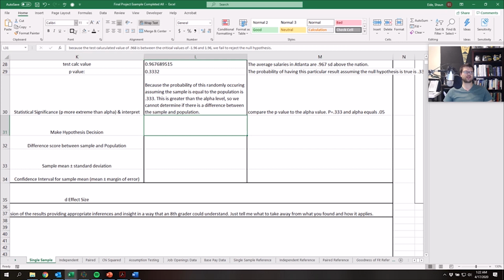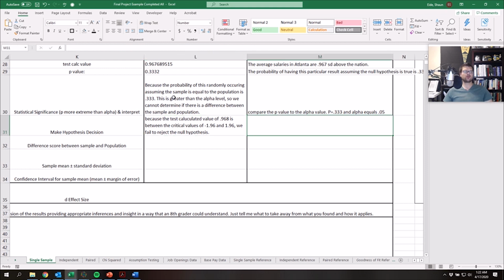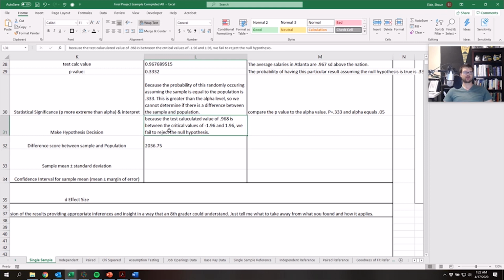When you make a hypothesis decision, that's when you're using the test calc values. So use the p-values for statistical significance, use the test calc values for the hypothesis decision.